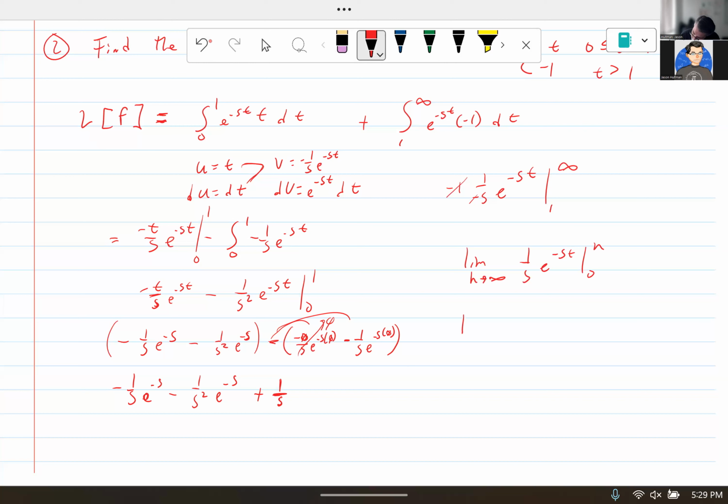So this is the limit as n goes to infinity of 1 over s, e to the negative sn, minus 1 over s, e to the negative s times 1.